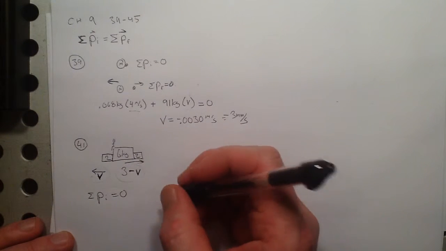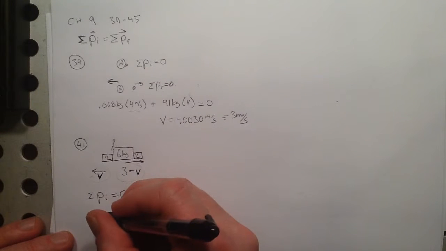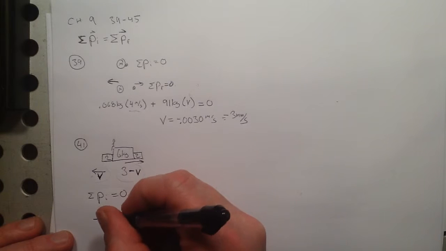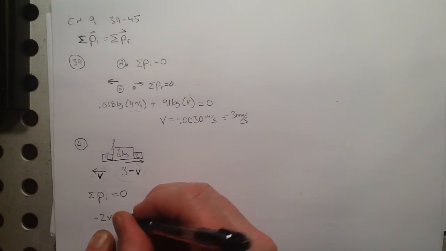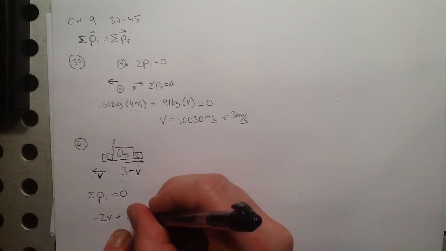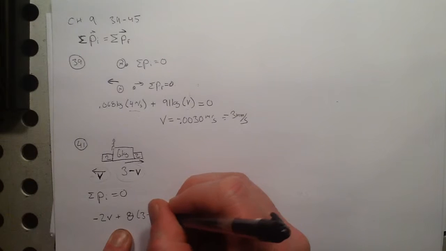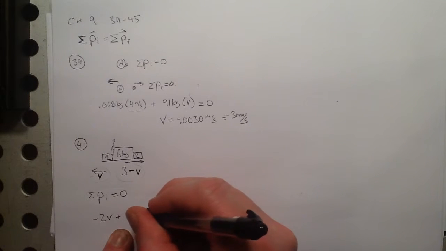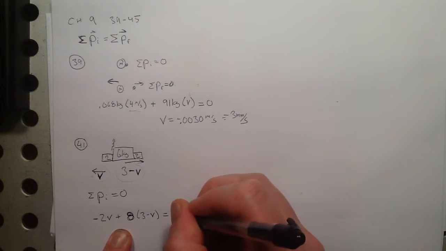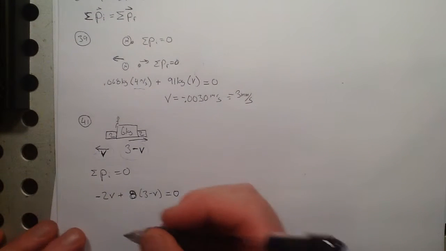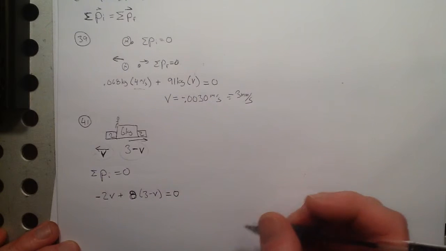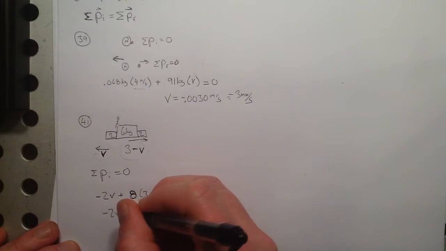So the total momentum after would be negative 2 times v, that's the momentum of this block, plus 8, these two are still stuck together, times 3 minus v. That would have to be equal to 0. So, looks like an algebra problem here.